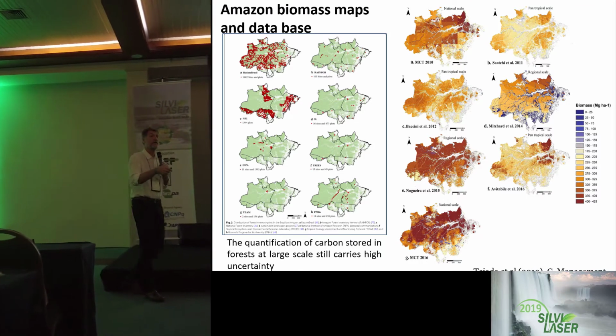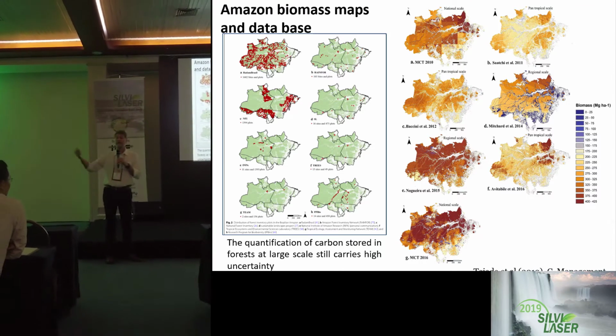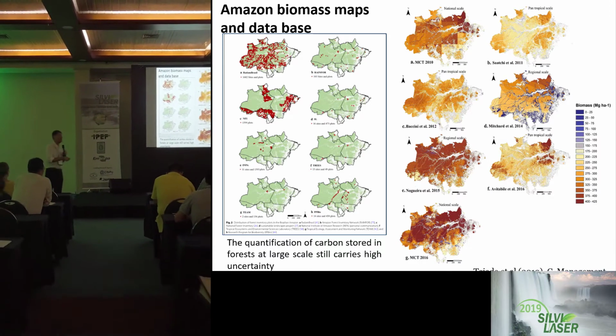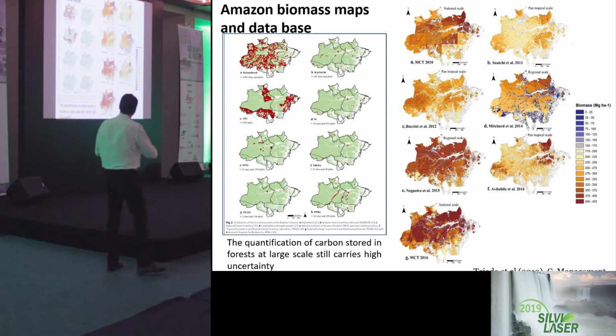They looked at the trees that were bigger than 100 centimeters DBH. Sorry. And then we have a lot of projects generating data in the region.